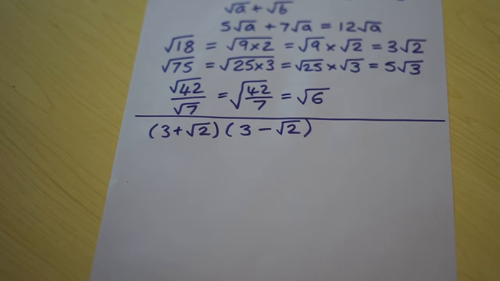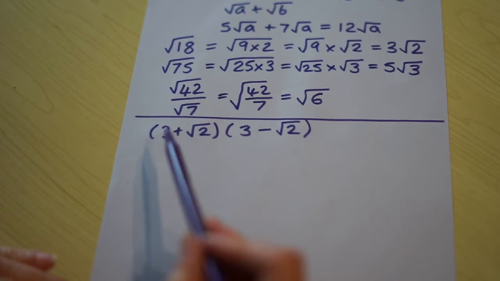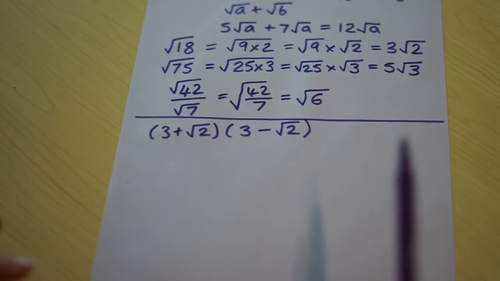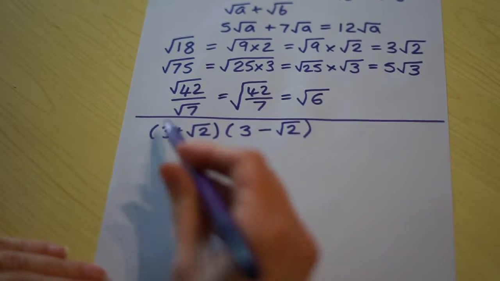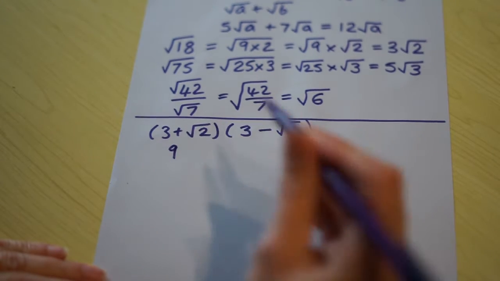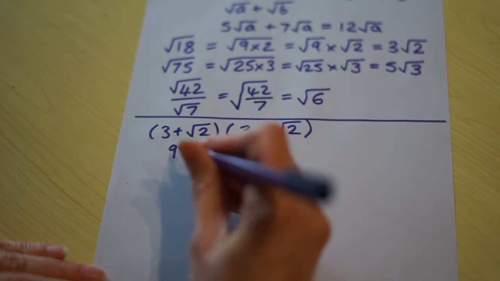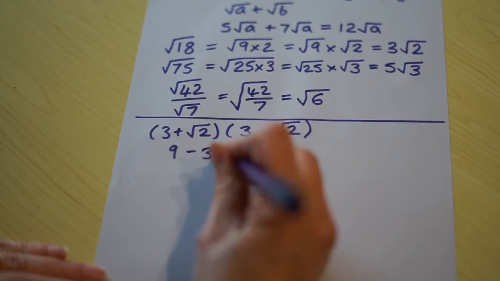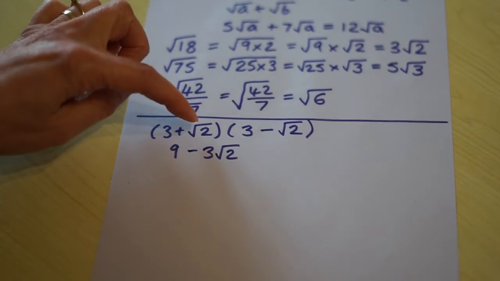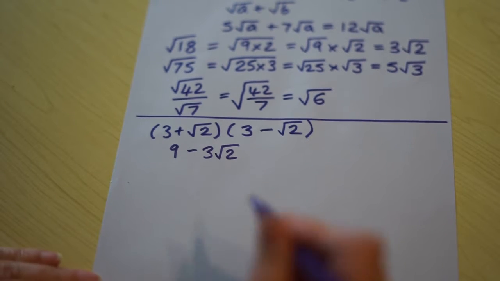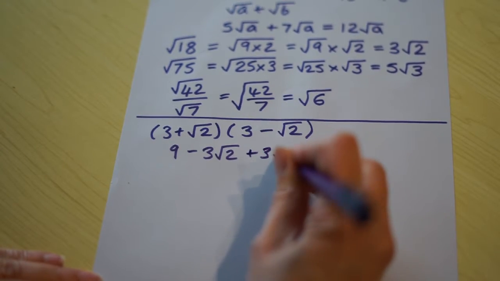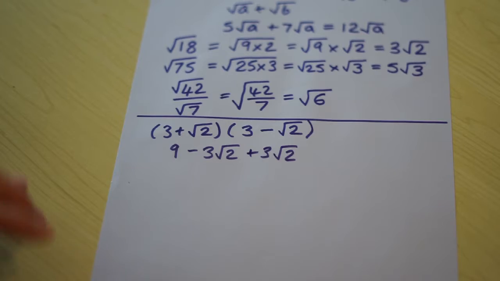Now let's do some bracket expanding involving surds. So we expand these brackets just like we do any other double bracket. So 3 times 3 is 9. 3 times minus root 2 is minus 3 root 2. Root 2 multiplied by 3 is 3 root 2.